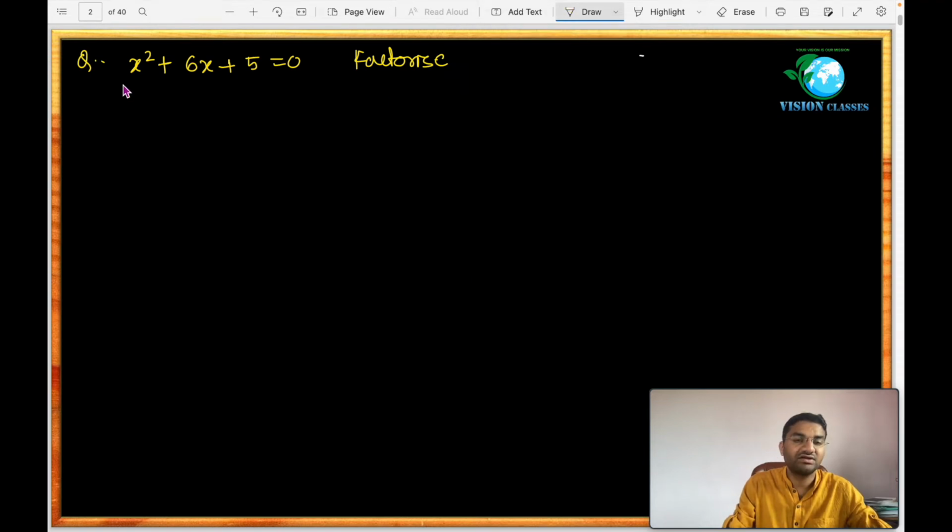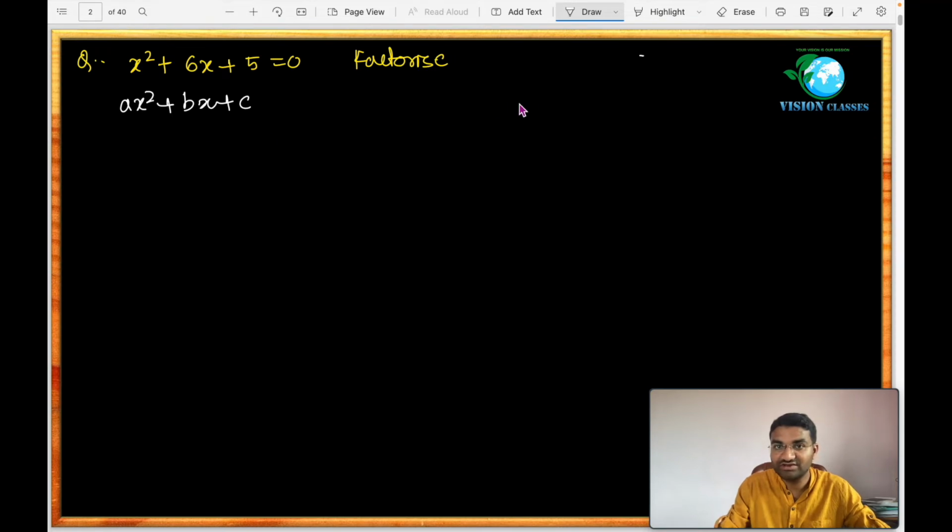Let's say we have x square plus 6x plus 5 is equal to 0, and the question is factorize this equation. Here we have to equate this equation with the standard quadratic equation I told you, ax square plus bx plus c.